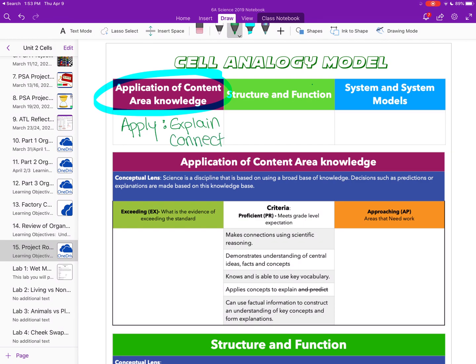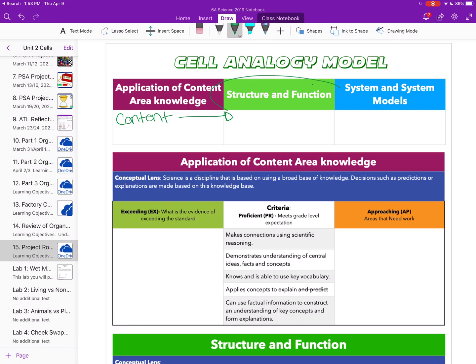So your analogy itself kind of shows that, and how well you clarify and explain it. That's where we see your understanding about things like the facts and the content. And that's where we start to make the connection with structure and function.